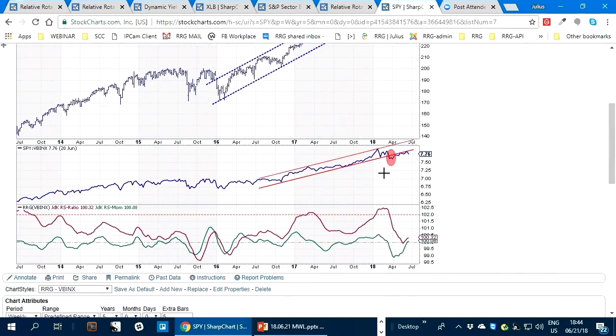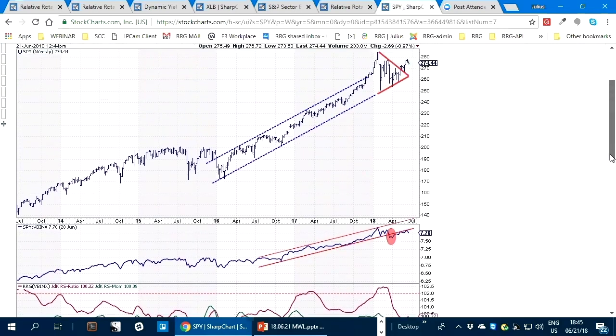The uptrend is still there, but if we take this as the trend channel in relative strength, then we had a breakdown. The old support is acting as resistance already a few times. Can we break these previous highs? We need to break those previous highs to continue that relative uptrend. It looks pretty good for now, but if it can hold, I don't know.